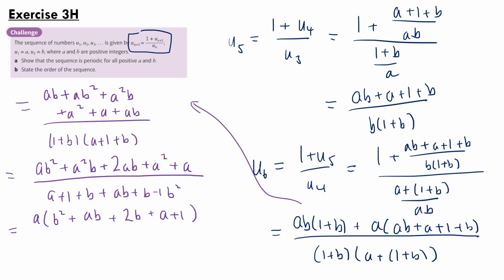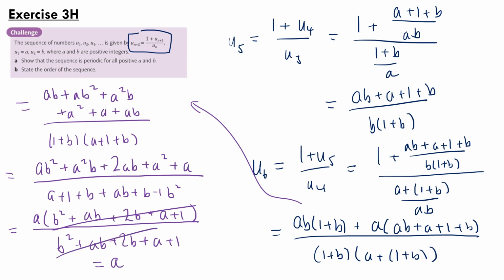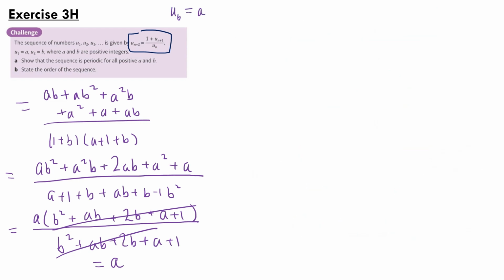And this is all over the denominator, which is actually also b squared plus ab plus 2b plus a plus 1. So, woohoo, these two cancel, and we're left with just a. So we have that u6 is equal to a.